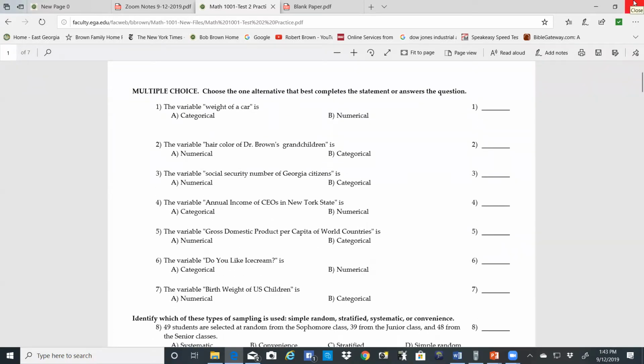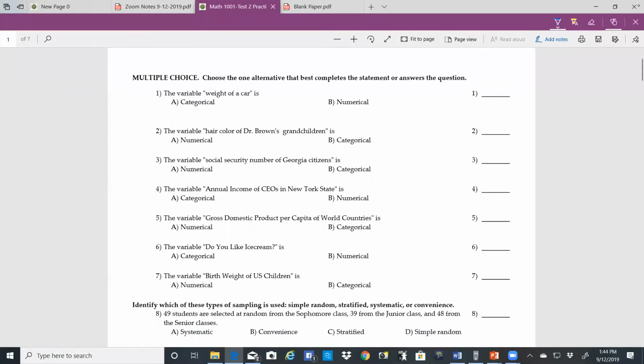Can anybody tell me, let me write on this. The variable hair color of Dr. Brown's grandchildren, is it numerical or categorical?